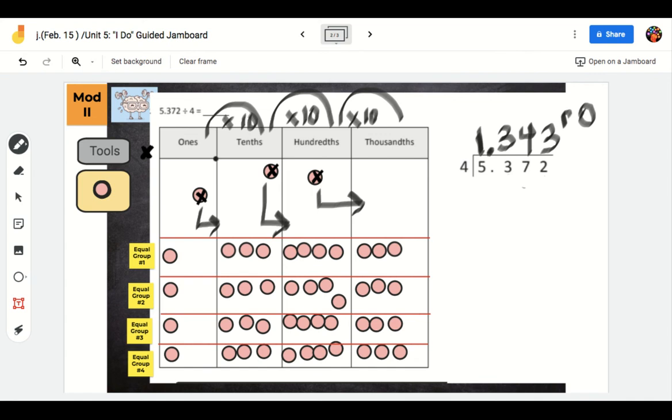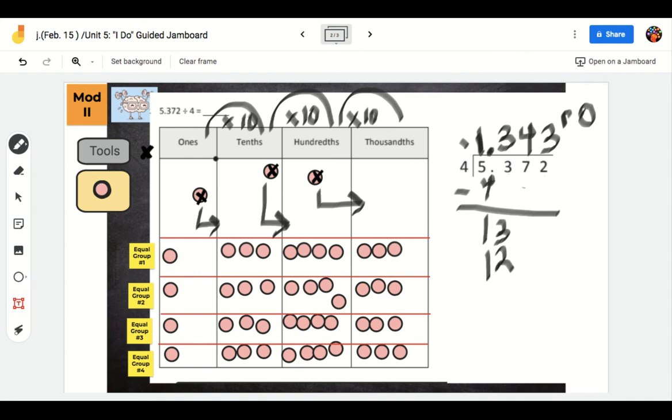And why did it work? 1 times 4 is 4. I had 1 left over, didn't I? Transferred, and then I had 13. 3 times 4 is 12.